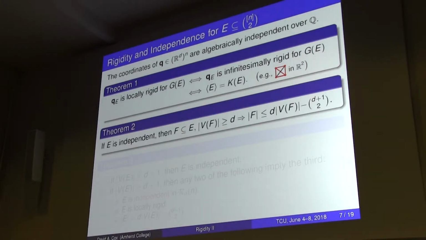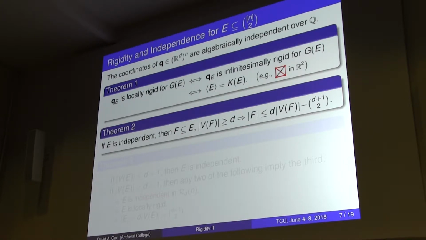Now here's another result. Suppose I have an independent set, and then I take a subset, which is also independent. If it's sufficiently big, then I claim I'm going to get this kind of inequality. Having an independent set says that the rows are linearly independent, so this subset would also have linearly independent rows.